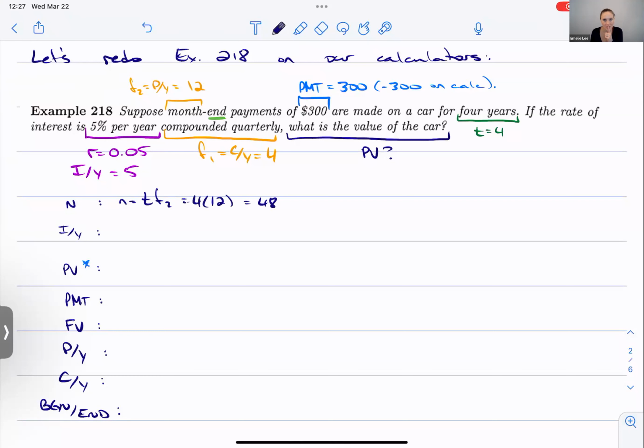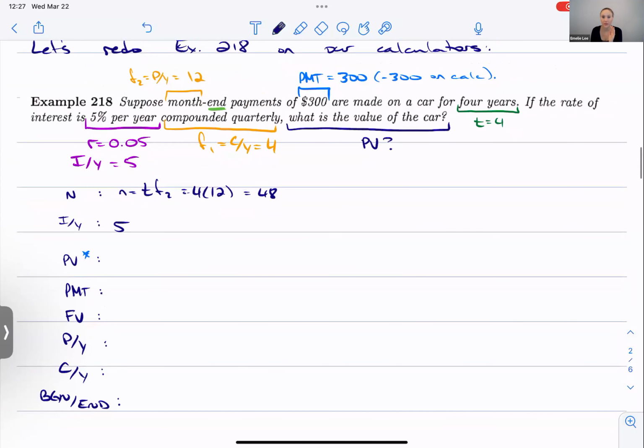The interest per year, we already said, is 5. The present value, you're welcome to enter 0 when you're entering it into your calculator. I'm just going to leave this entry blank, and then fill it in with my answer. So you can do the same if you want.